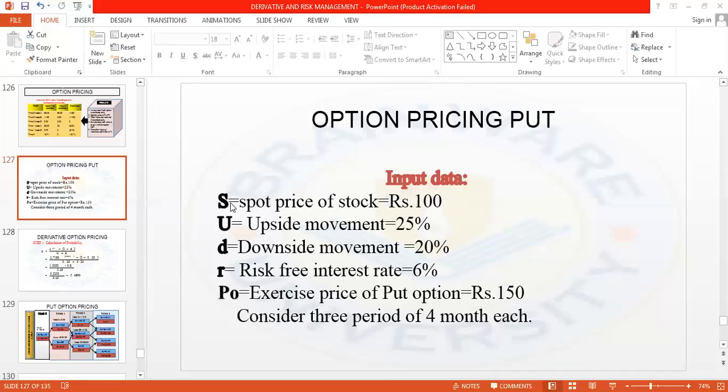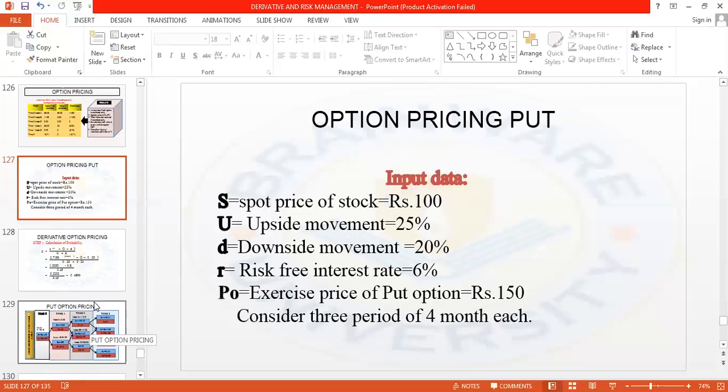So the spot price of the stock in the market is 100, and the exercise price in the put option is 150. There can be an upside movement of 25% and a downside movement of 20%. The risk-free interest rate is 6%. And we have considered a 4 month time gap, meaning 3 time phases in a span of 1 year.